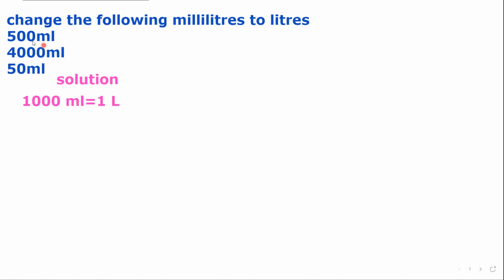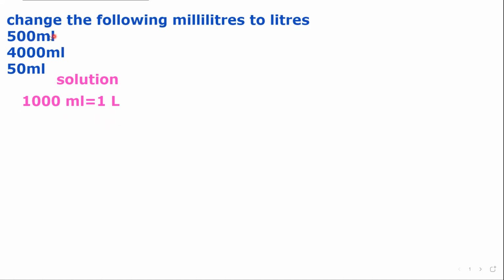Because you want to change the 500, all this area here is called the milliliters, and all this area here is called what? Liters.